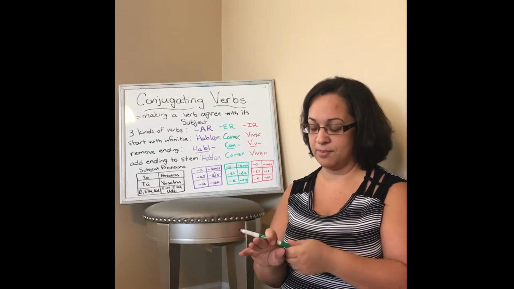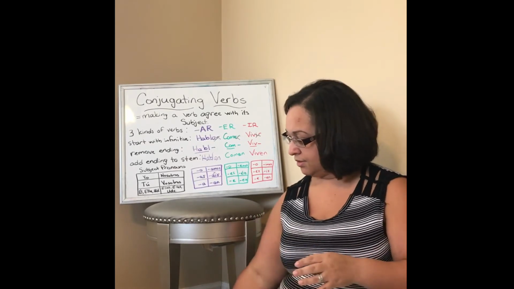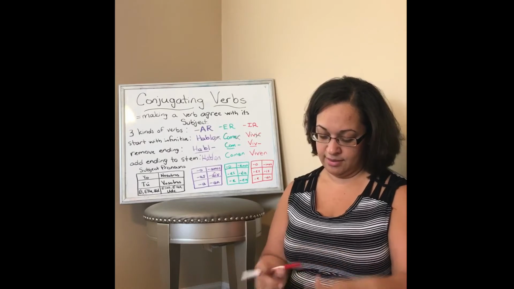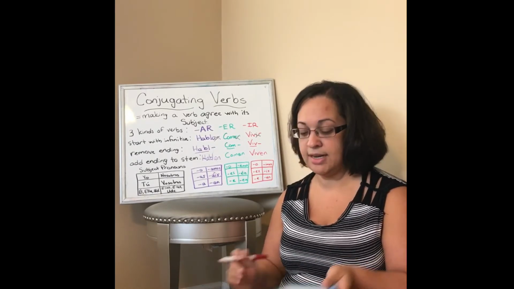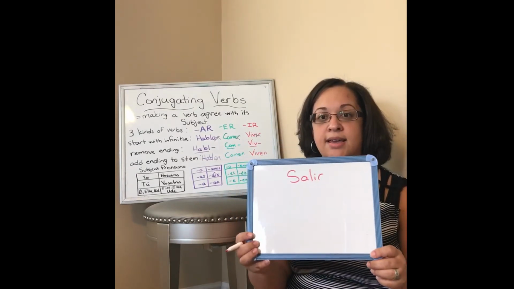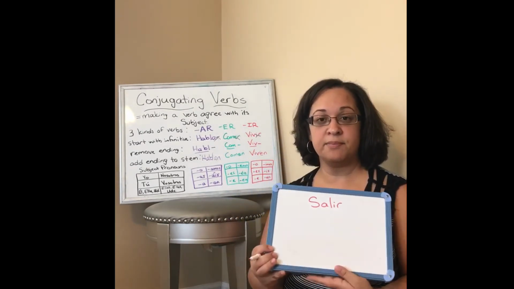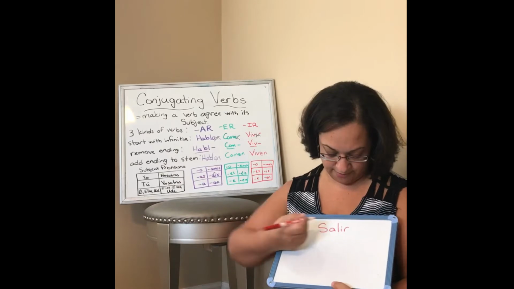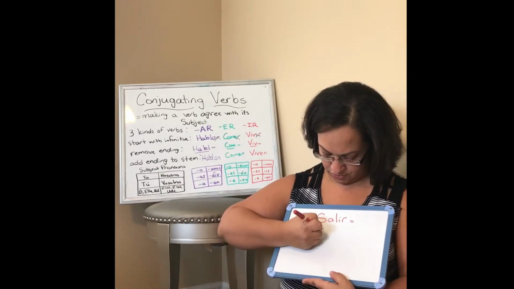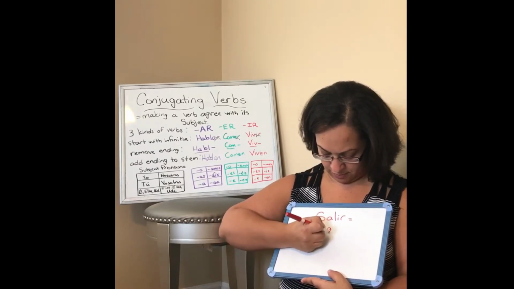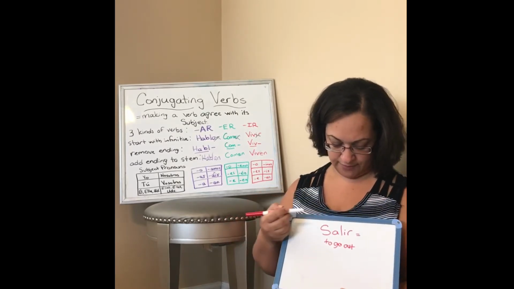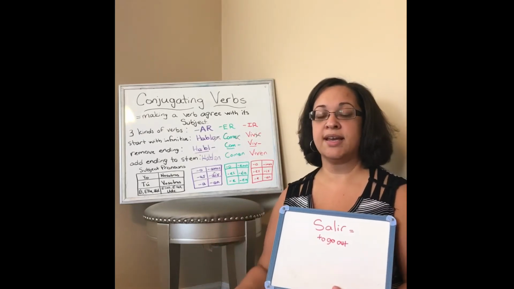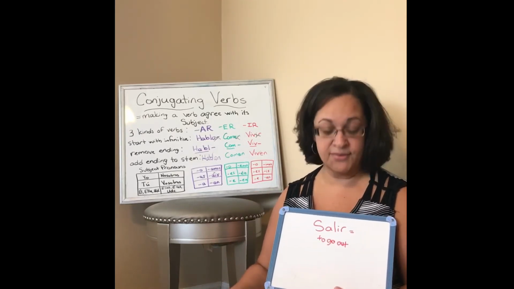And you guessed it, we're going to practice the IR. So we have the Spanish verb salir, S-A-L-I-R. Salir means to go out. Okay, to go out. So I'll give you a second, and I want to see if you can do this one on your own.